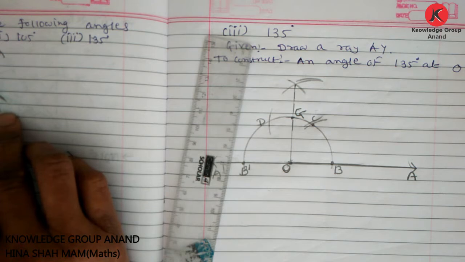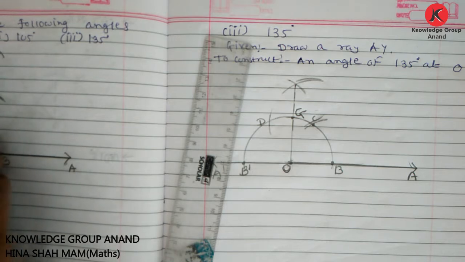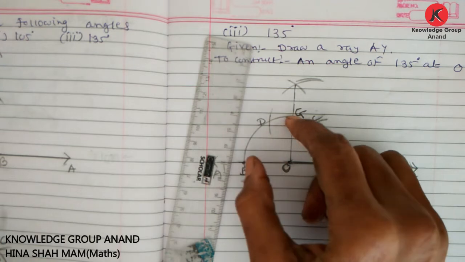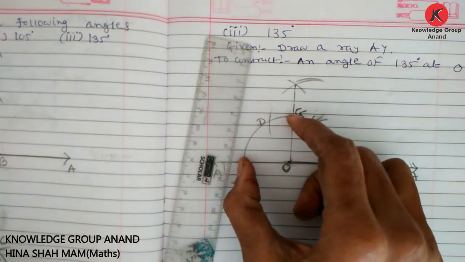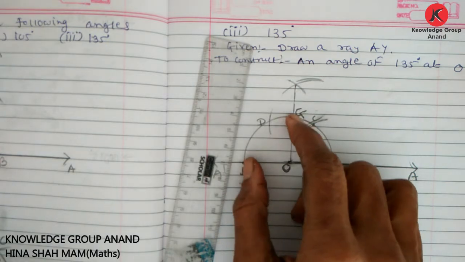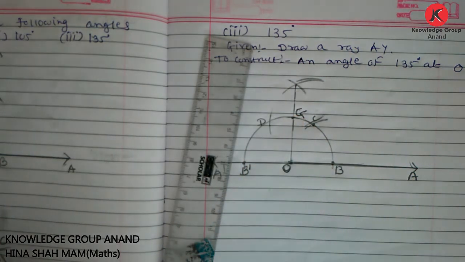Taking B dash and G as centers, because here this angle is 90 and 180, 180 plus 90 is 270, its half angle is equal to 135.